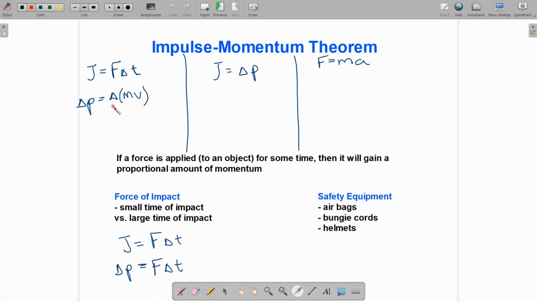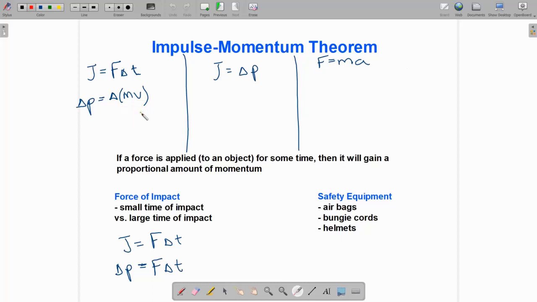And I've included this delta sign here, because when we say change in momentum, something had to change out of these two values, mass or velocity, right? Now, in all the problems that we do, it's going to be the velocity. But theoretically, you could change the mass of something. You could have a cart rolling on a track and take a mass off of the cart while it's rolling. But for our purposes, this delta sign is typically applied to the velocity, okay?